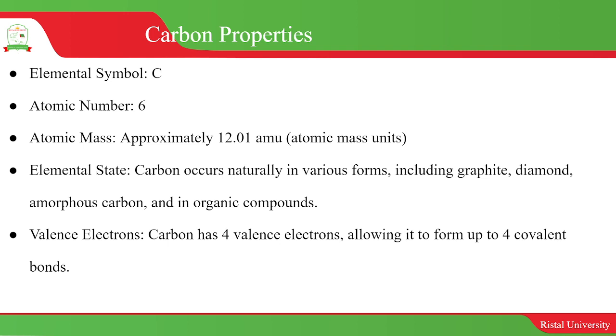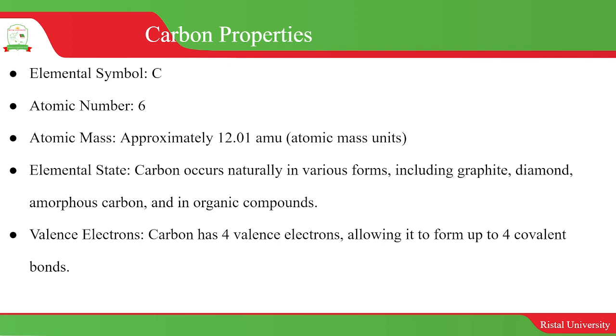Okay, so looking at carbon. Carbon has a symbol C. So if you see C in a biochemistry book, it means carbon. It has an atomic number of 6 and an atomic mass of 12.